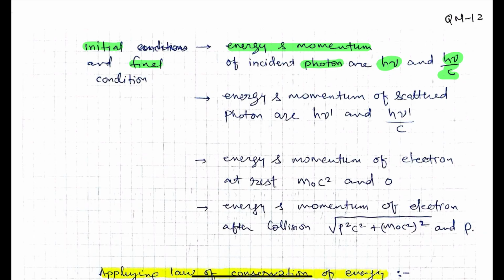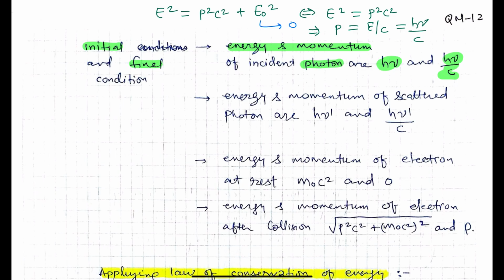For entities such as the photon, we have E square is equal to p square c square plus rest mass energy square. For a photon, this rest mass energy square is 0. So we are left with E square is equal to p square c square, or p is equal to E by c, and E is h nu, so p is equal to h nu by c. This is what I have written.